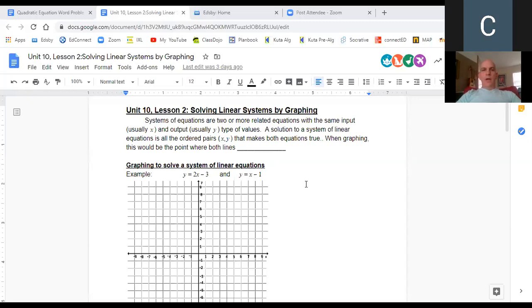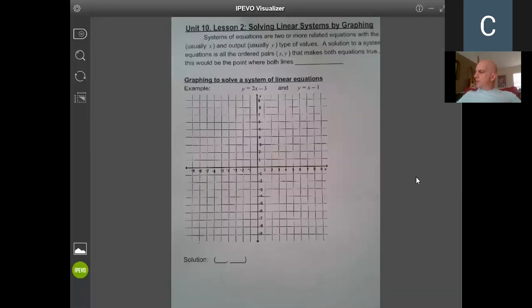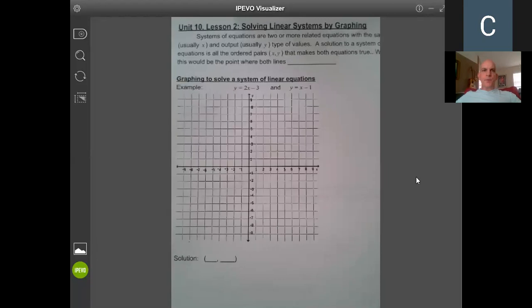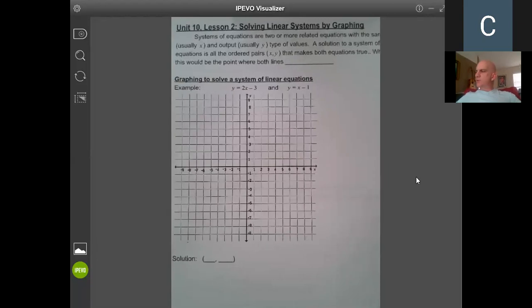When we are looking at a system, let's go through our definition of what a system is again. We'll switch over to our document camera. A system of equations is two or more related equations that have the same input, usually x, and same output, usually y.